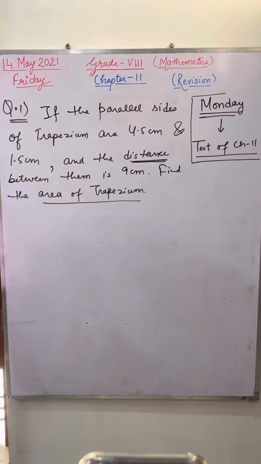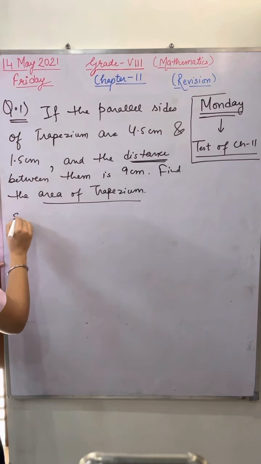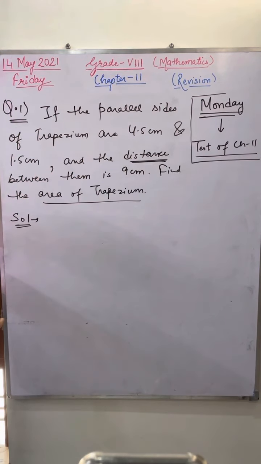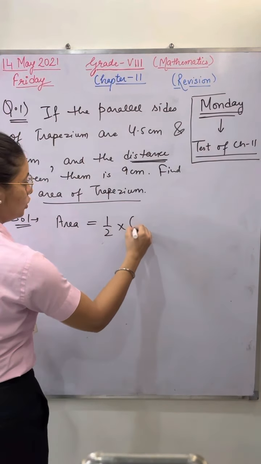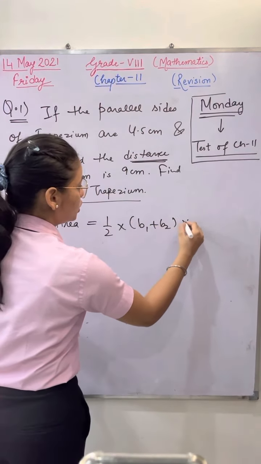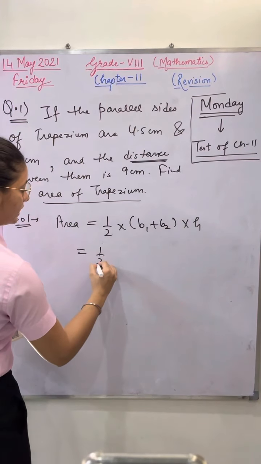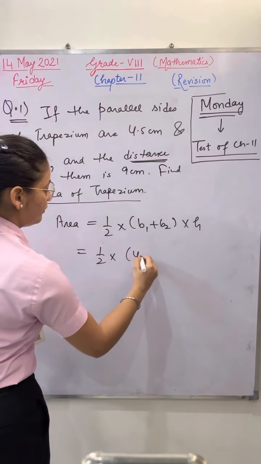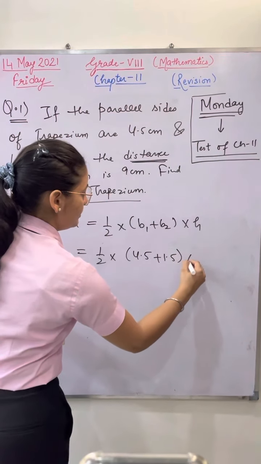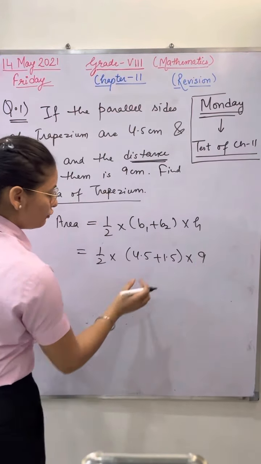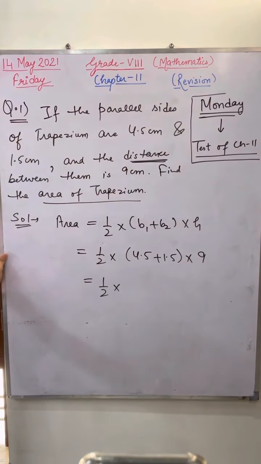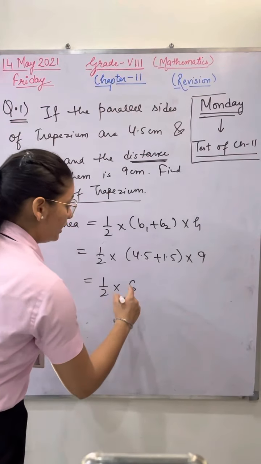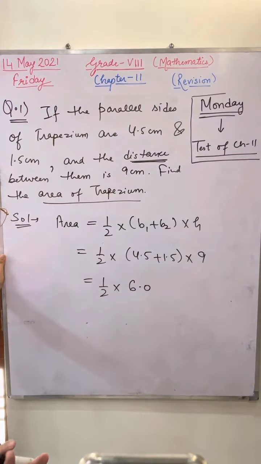Okay, now see. Most of you have given the correct answer. Now see how we can solve this question. The area of a trapezium is 1 by 2 into B1 plus B2 into H. B1 and B2 are given, that is 4.5 plus 1.5, multiplied by the height, which is 9. 4.5 plus 1.5 is 6.0, or you can write 6.